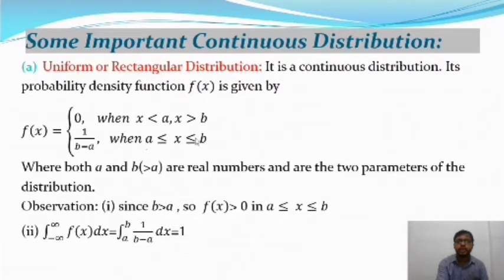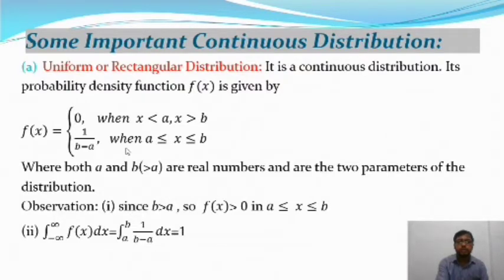So in that interval, the functional value f(x) is equal to 1 by (b minus a), and otherwise it is equal to 0, where f(x) is the probability density function of the uniform or rectangular distribution. Here a and b are real numbers, b is greater than a, and they are the two parameters of this distribution.